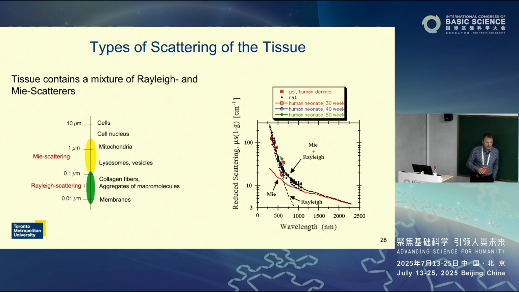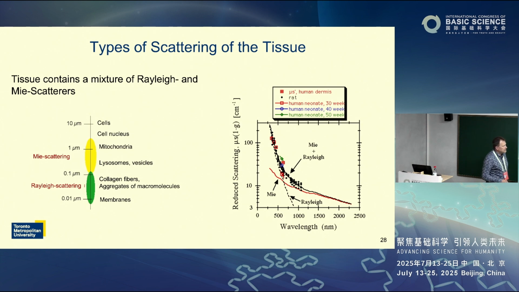So actually, I'm talking about scattering so much because it's probably one of the pillars of the difficulty in biological imaging, the scattering. In the shorter wavelengths, we deal mostly with Rayleigh scattering because of the small structures, usually intracellular.